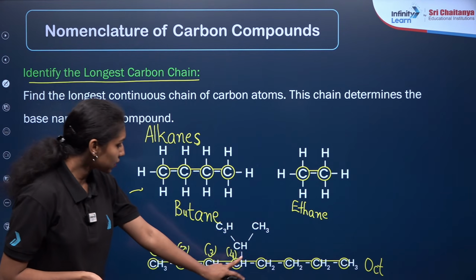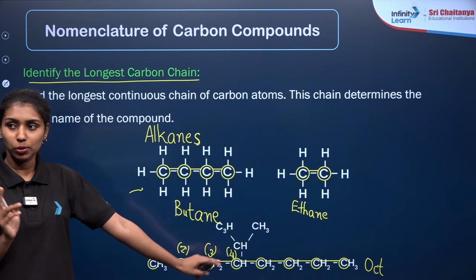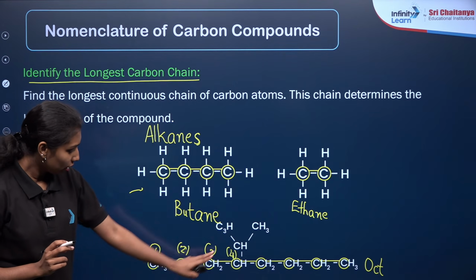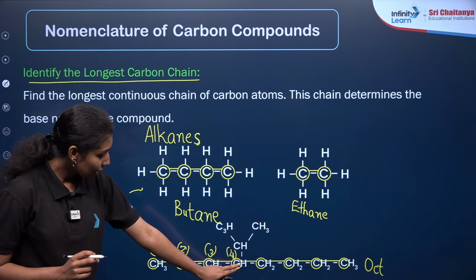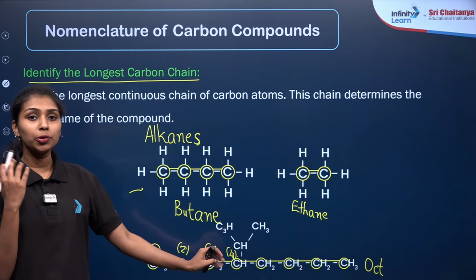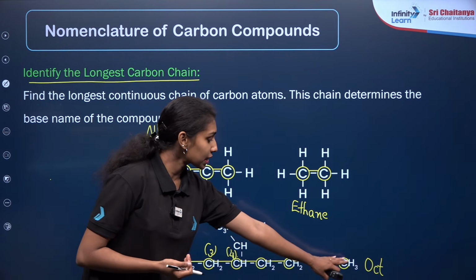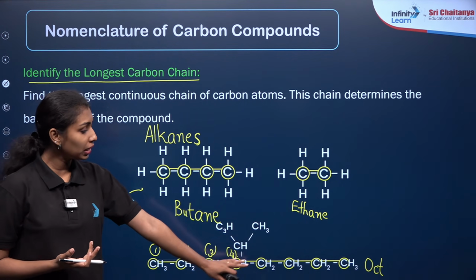Is that clear? Now this is known as the isopropyl group. I think someone asked about isopropyl. It will be present as a branch here. We will discuss in detail how to write the names of branched chains. This is the longest chain, containing 8 carbon atoms, so oct will be the word root.